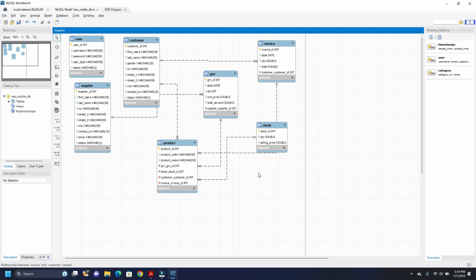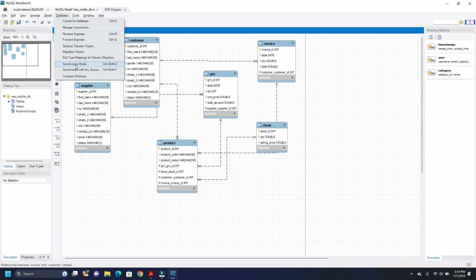So there you go, I have answered all of the questions in the question set. Let's go ahead and save the changes that are done to the database by synchronizing the model.